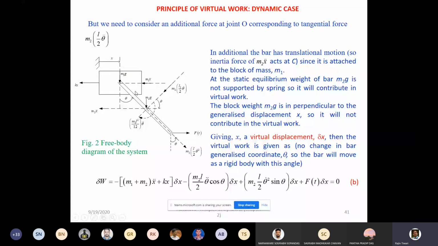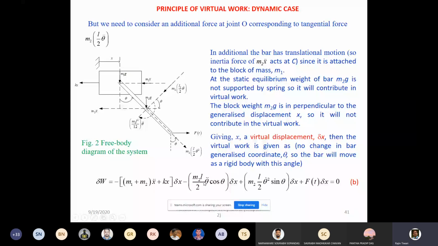So m2 x double dot also will be having the virtual work, which will be negative because this force is acting opposite to the delta x. So this is due to the inertia force, the linear component of the car as well as the pendulum.